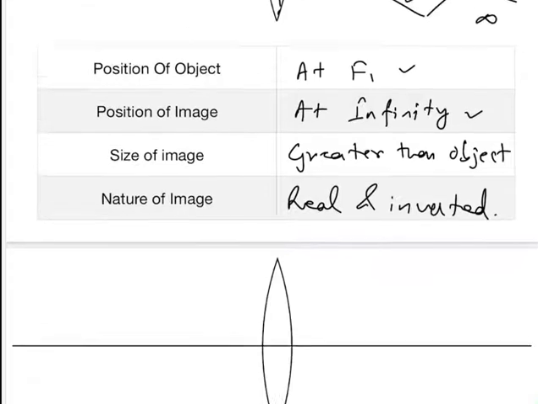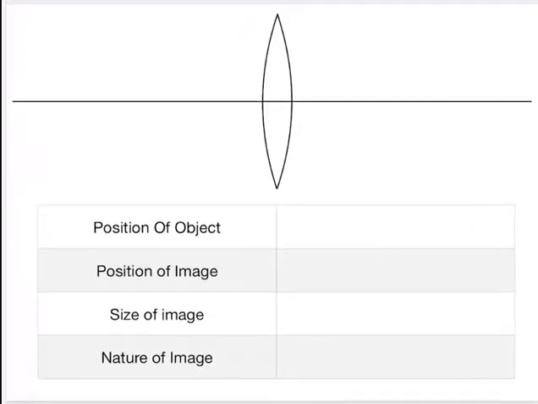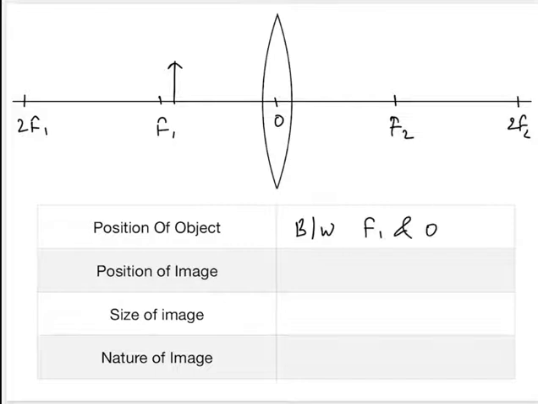The last case of convex lenses. Now the object is kept between f1 and O. It is kept inside the focal length.